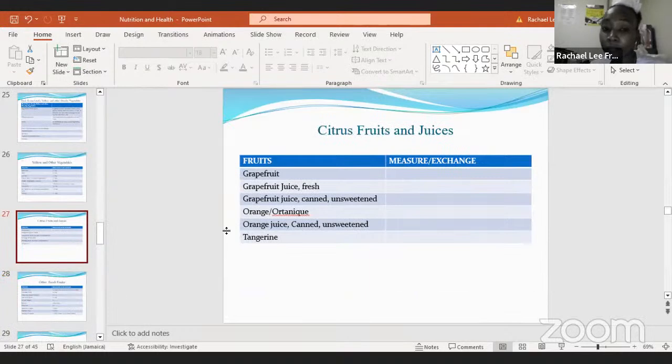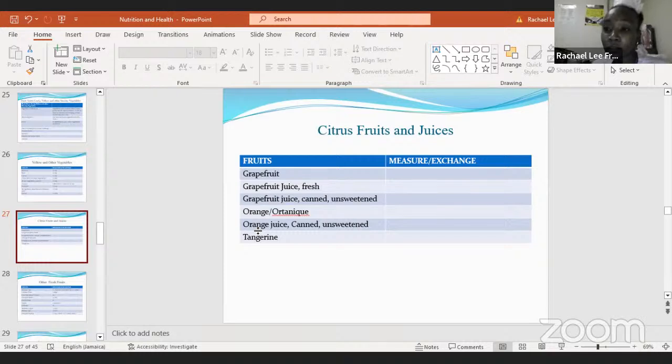Now we have grapefruit here, grape juice, orange juice. For some persons with an acidic stomach, say for instance persons with GERD or stomach ulcer especially, you would not want to consume too much citrus-based products.